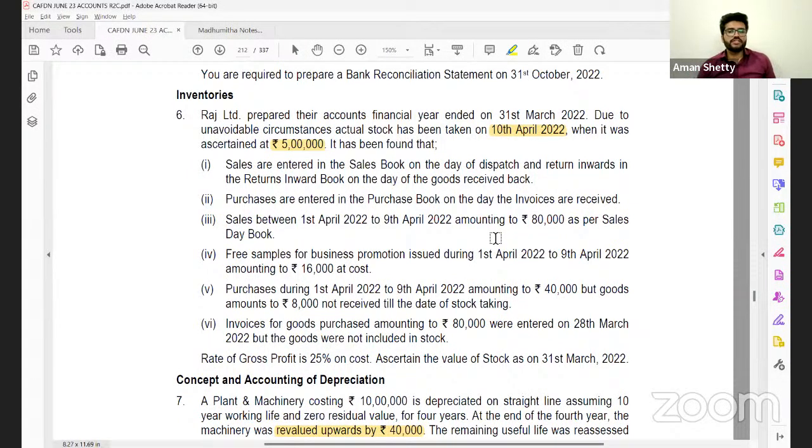Write down cost of goods sold during 1st April 22 to 9th April 22. Sales made during the period at selling price. In the first amount column, write down rupees 80,000.